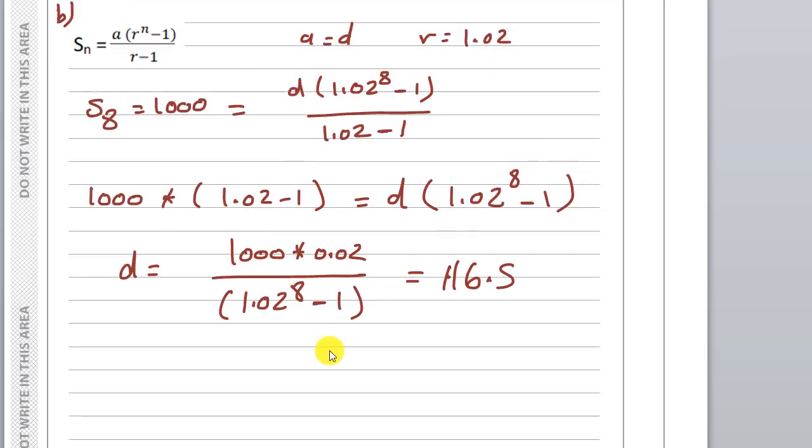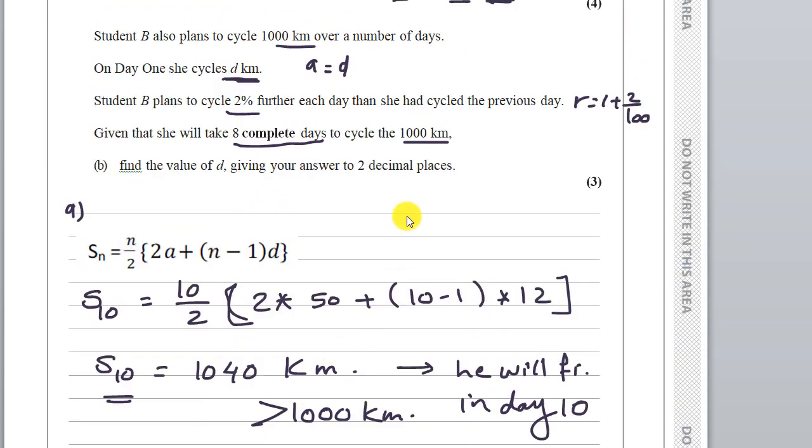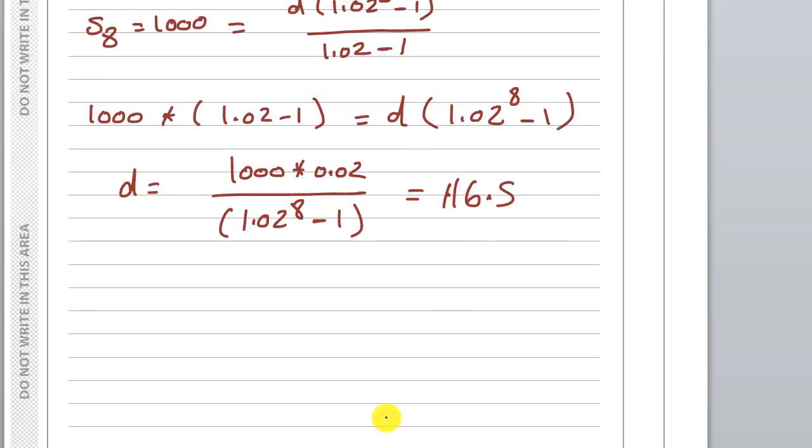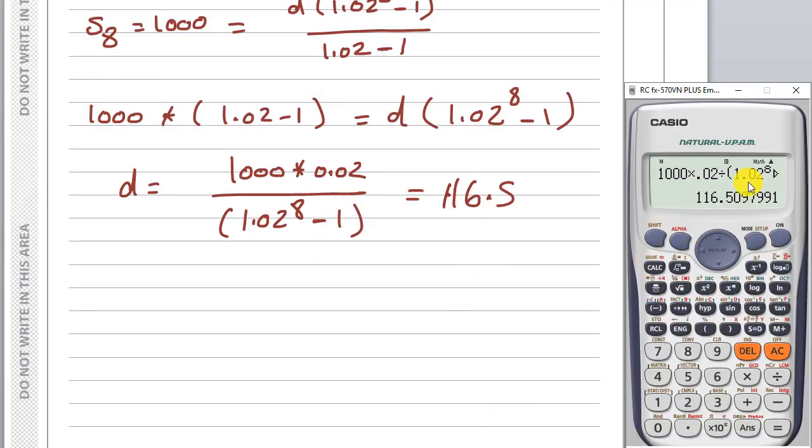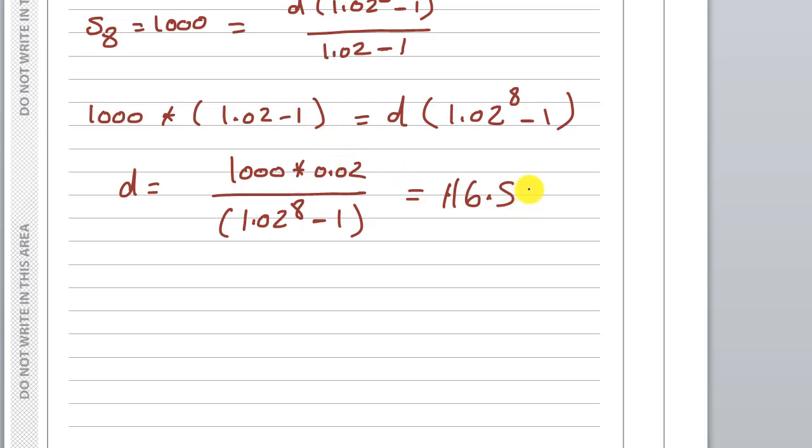You need the value to 2 decimal places. So let us add, this is our calculator, 5097. So 116.1 kilometers. This is the value she needs on the first day. Okay, let us go ahead to another.